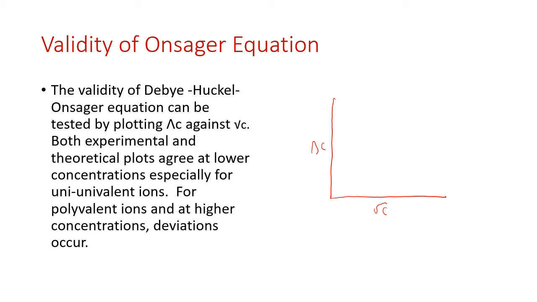it can be seen that in the case of strong electrolytes, there is gradual increase. And this dotted line represents the theoretical, that is based on the Debye Huckel equation. This is theoretical and this is experimental.